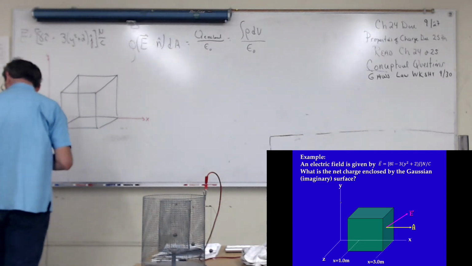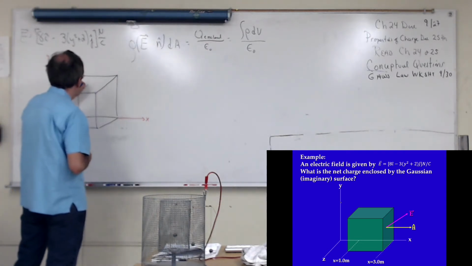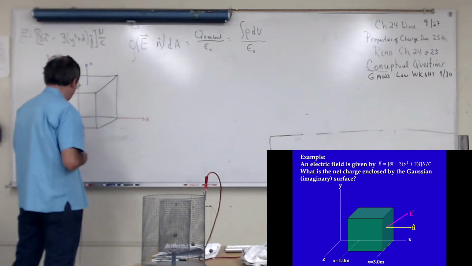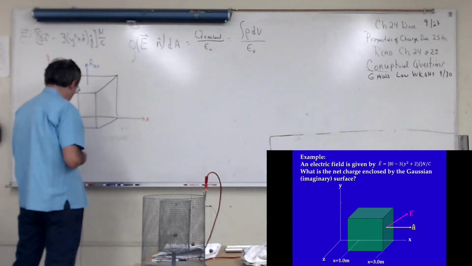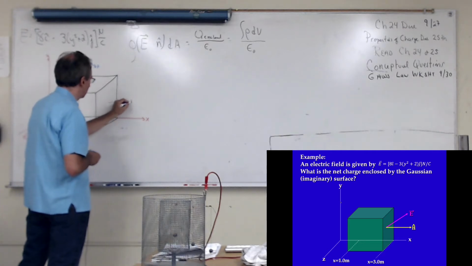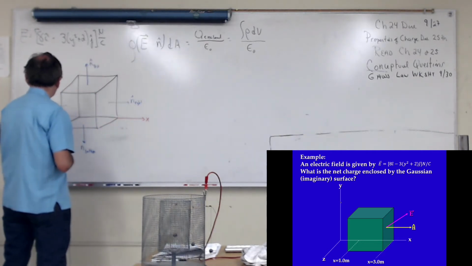Now, I want to draw in the normal to each side. So this is the top. This is the bottom. This is the right. And this is the left.